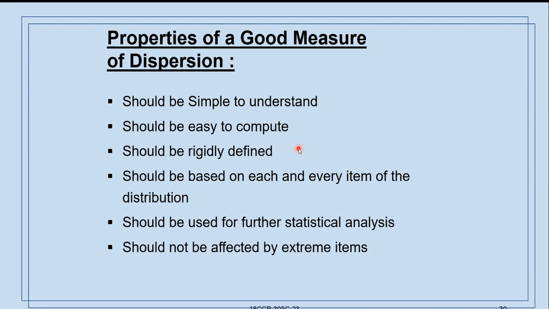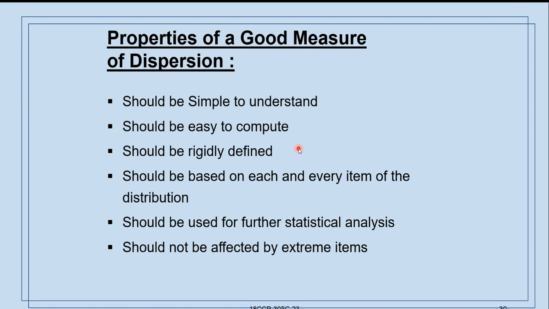Properties of good measures of dispersion. It should be simple to understand. The measures of dispersion should be very simple to understand, very easy to compute. If they are very difficult, then it is not possible for a common man to understand.